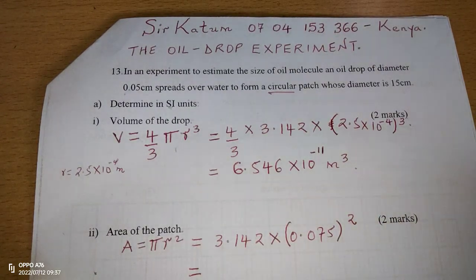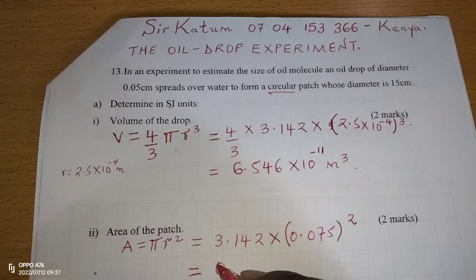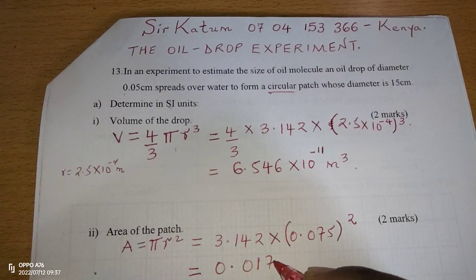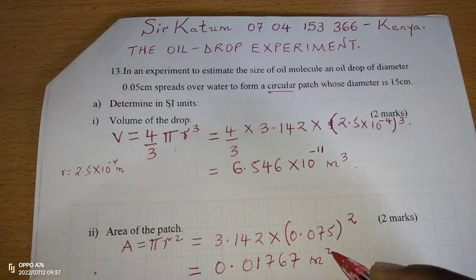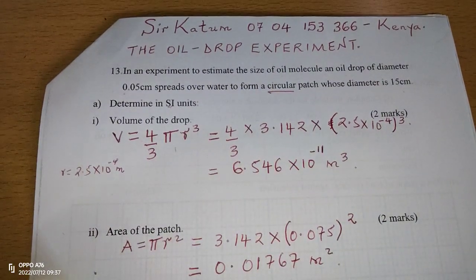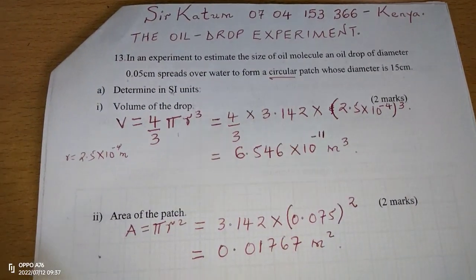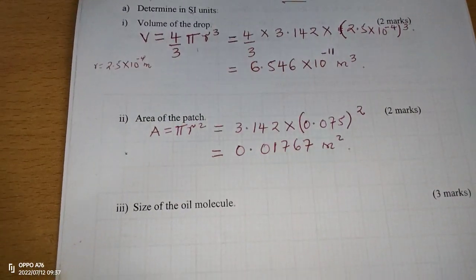When we square and multiply by 3.142, we get 0.01767 meters squared. That is the area of this patch.